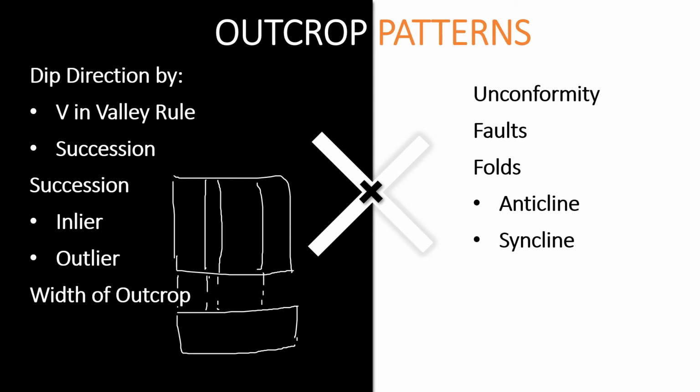As we have observed, this part and this part have greater width. This outcrop has greater width compared to this one. So this one has a narrow dip.